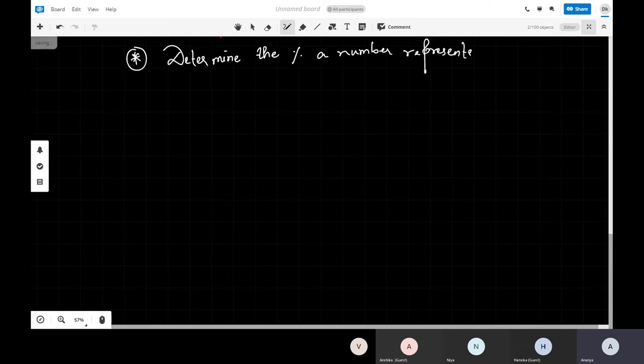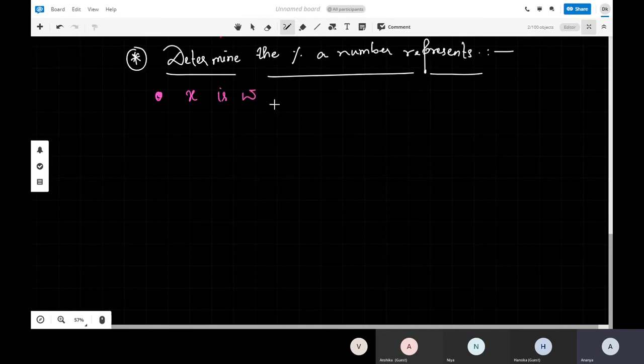So what kind of questions are those? Let's say that in a question it has asked you that X is what percentage of Y? Have you guys seen these kind of questions before? Yeah.